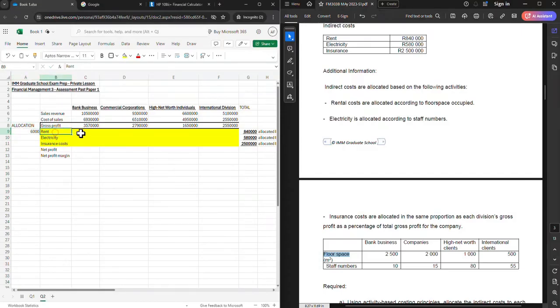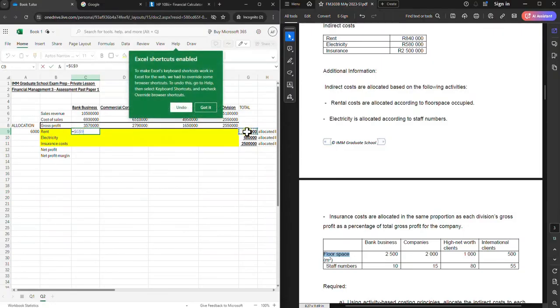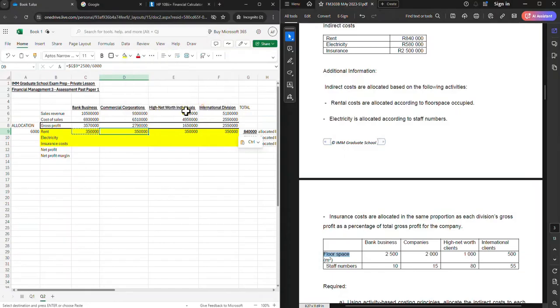So if I'm allocating rent to the bank, I'm going to take this amount, I'm going to fix that, and I'm going to times that by the 2,500, and I'm going to divide that by the total, which was 6,000. Do you agree? Agreed. Okay, and then I would do the same for all of them, except I would just use the relevant floor space.